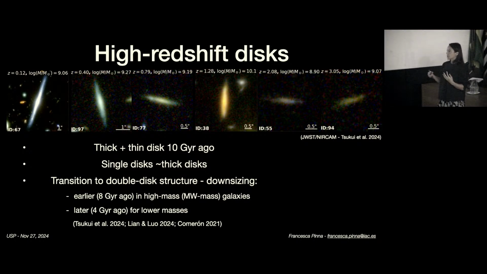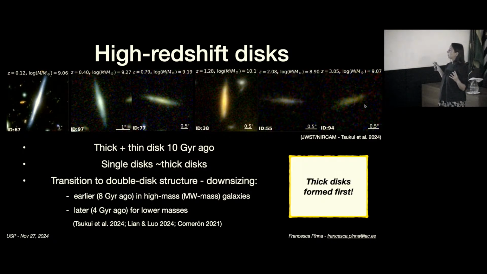Furthermore, we have a transition to a double disk structure, which happens a bit later. And the time when this transition happens depends on the mass of the galaxy. So it is done in a downsizing fashion. This means that higher mass galaxies have this transition, from one disk to a double disk structure, earlier than lower mass galaxies.